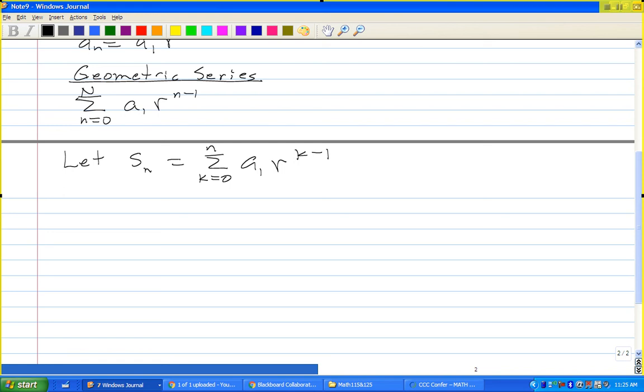Then note the following. Let me write down S of n: this is just a1 plus a1 r plus a1 r squared plus ... plus a1 r to the n minus 1 plus a1 r to the n.